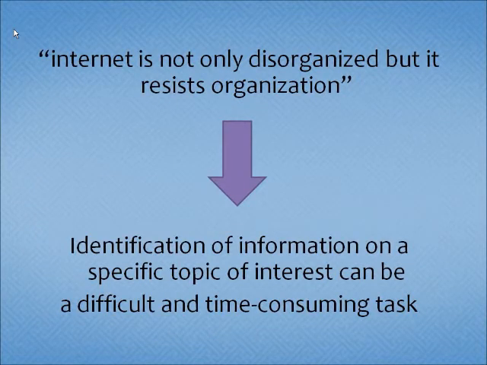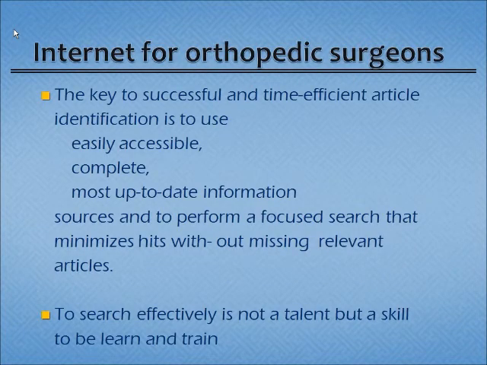Internet is not only disorganized, but it resists being organized because of its nature. So identification of an information, or reaching an information that you are specifically looking for, is really difficult and time-consuming. In order to overcome this problem, we really have to learn about it.